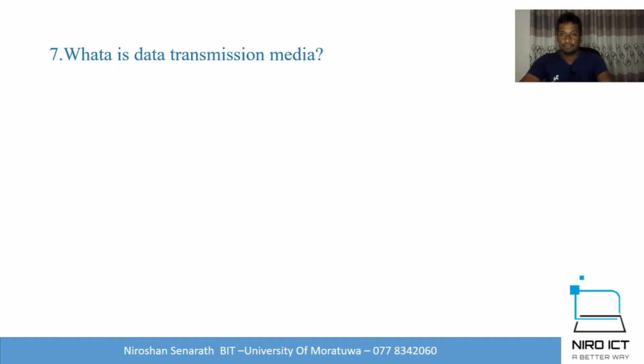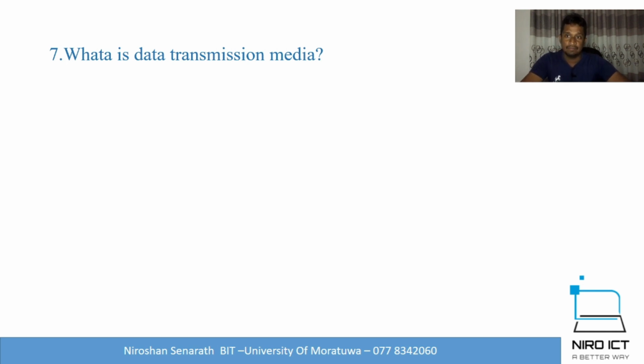Right, so here I'm going to explain what data transmission media is. Transmission media is used to transmit data from one place to another, because I have taught you that to complete a data transmission we have to fulfill three tasks. One is the sender and the receiver, or a source and a destination. In between the source and destination we have to establish some transmission media.